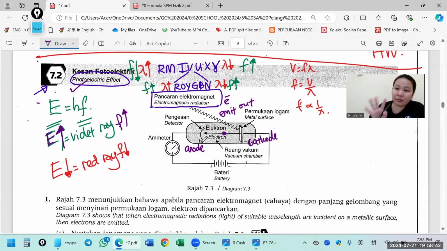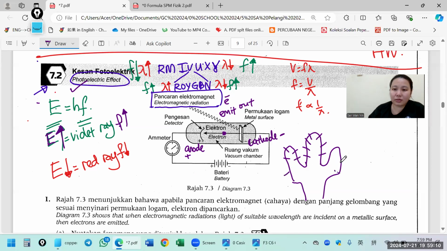It's different from your chemistry. Chemistry has a different way of saying anode and cathode. But in physics, we only have one way. Cathode, negative. Anode, positive. How do I remember? I remember this is a cactus.